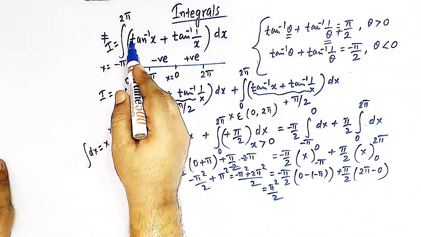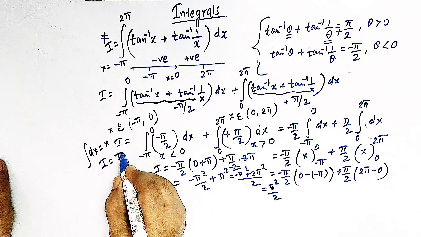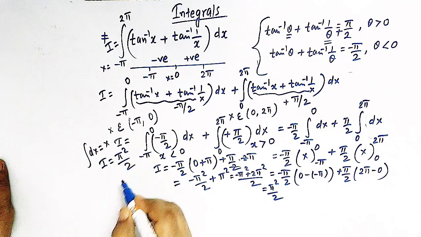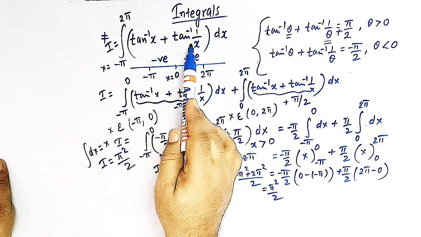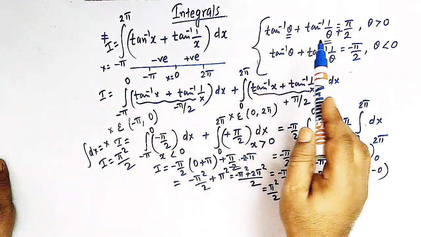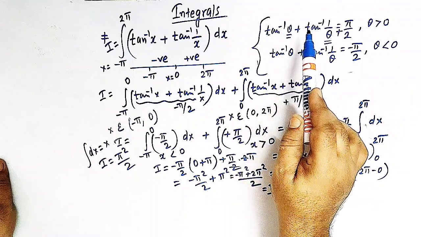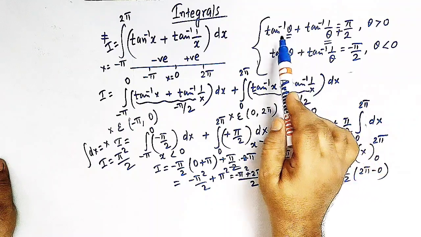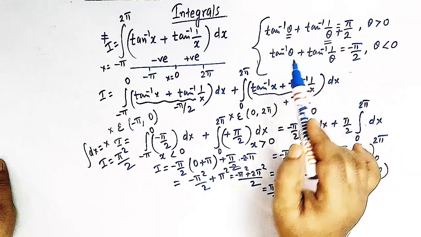So the value of this integral I is equal to pi square over 2, and we can see how easily we can evaluate this integral by using this important property of inverse trigonometric functions, connecting tan inverse theta and tan inverse 1 over theta.